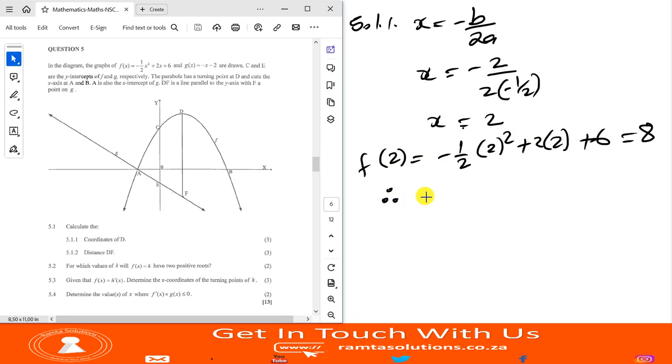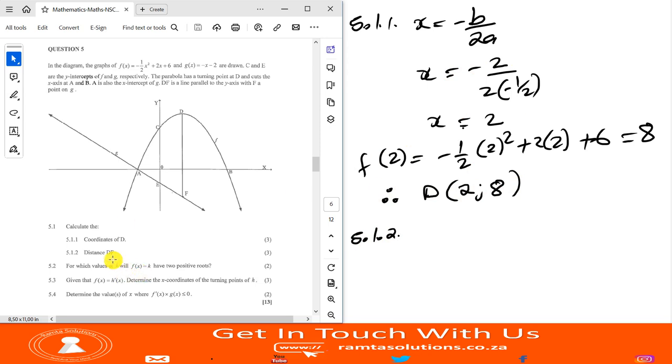Therefore, we can say D has coordinates 2 and 8. You can do this as well by completing the square. I don't want to do it. I'm okay with it. Perfect. Moving on, 5.1.2, we're not going to complete the square. We are fine with this.